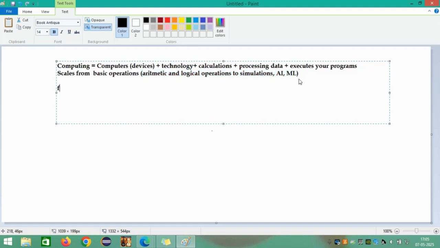Of course, it has various functionalities attached to it, or it comes along with it. The first important functionality that computing in any domain possesses would be data processing. So what is data processing?